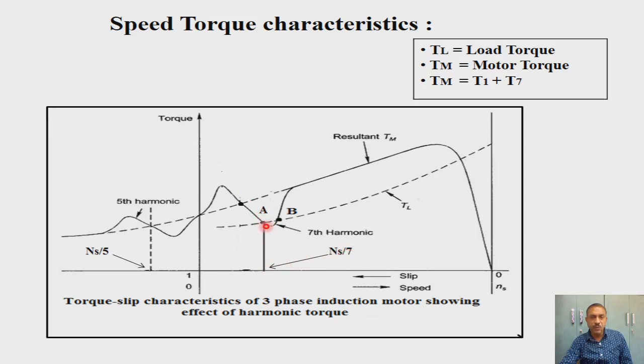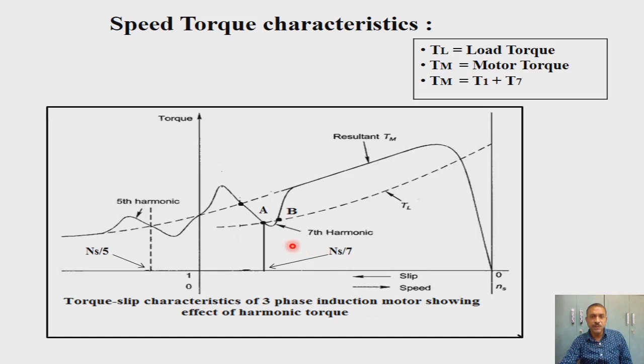Now, why will the motor not accelerate further after point A? The reason is that the resultant torque of the motor from A to B is always less than the load torque required. So the motor will not accelerate further and it continues to run at 1/7 of its synchronous speed. This slow running at 1/7 of synchronous speed is what we call the crawling effect present in the three-phase induction motor.